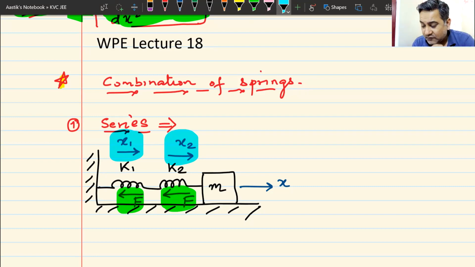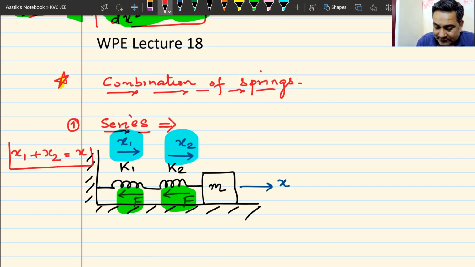Such a combination of springs is known as series combination, and it is very easy to see that x1 plus x2 will be equal to x.